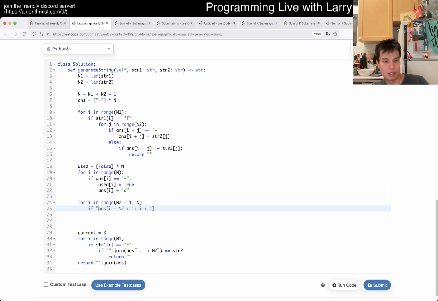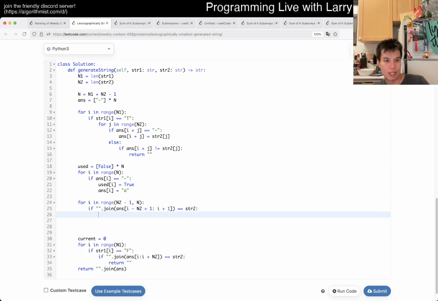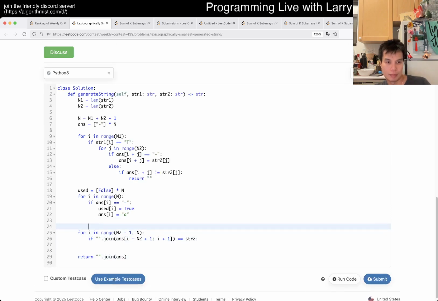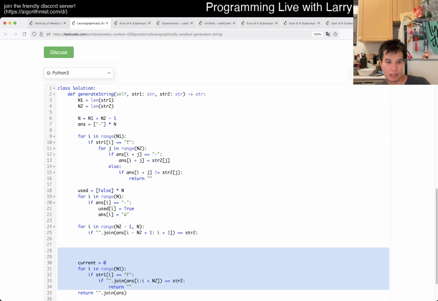So if this is you go to string 2, then we find the last used thing and then change it, right? Yeah, and then that means that I guess we could just skip that part.